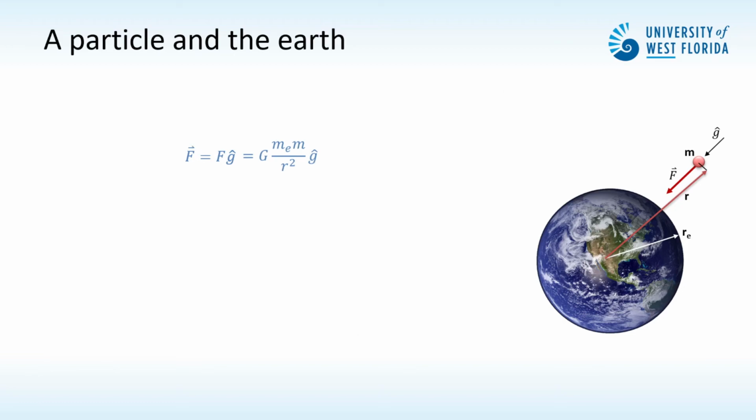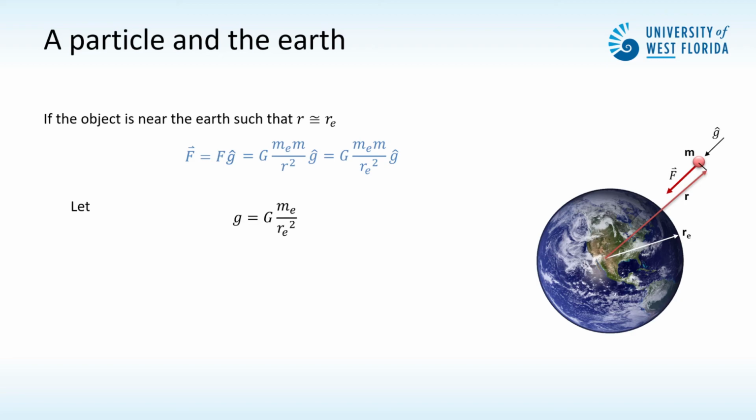If we assume that the object is near the Earth such that its radius from the center of the Earth is approximately equal to the Earth's radius, then the force exerted by the Earth on the object is capital G times the mass of the Earth times the mass of the object divided by the radius of the Earth squared.